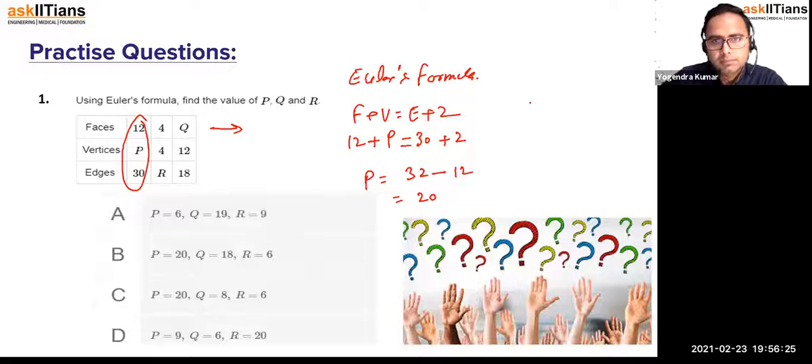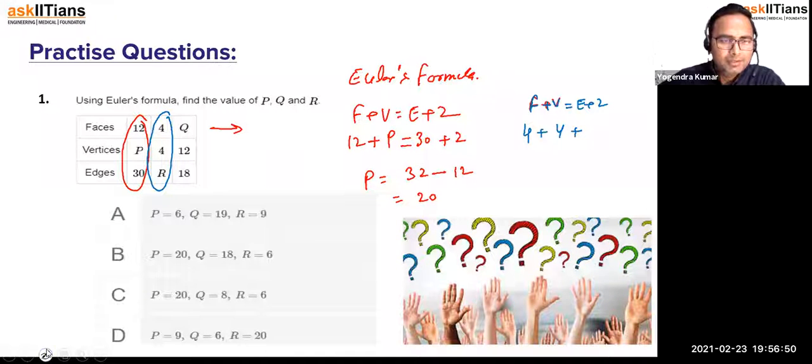Okay, second case, F plus V. Let me take this case. Let me change the color here. So F plus V is equal to E plus 2. So what is F here? 4 plus... my bad, I wrote plus again. Equal to what?